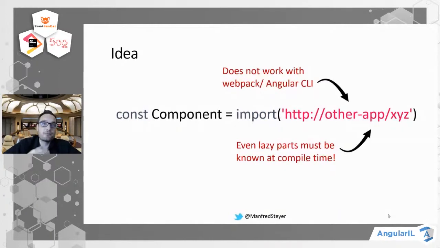Webpack is splitting off some chunks for lazy loading, but only then after compiling everything together. And that's why you cannot easily grab over to another origin at runtime. Of course, there are some workarounds for this, but there was not a sound solution in the past.